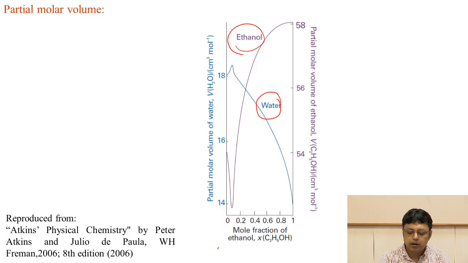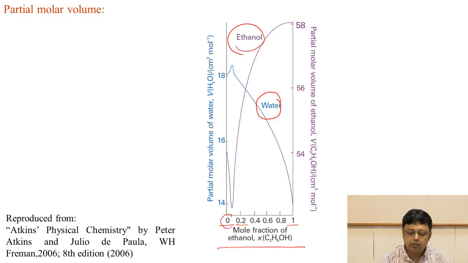In this curve, we started from 0 mole fraction of ethanol, meaning pure water, and we kept on adding ethanol. So 0.2 means this mixture has 0.8 mole fraction of water and 0.2 mole fraction of ethanol. We show this up to 1.0 mole fraction of ethanol, which means pure ethanol, where the water content is 0.